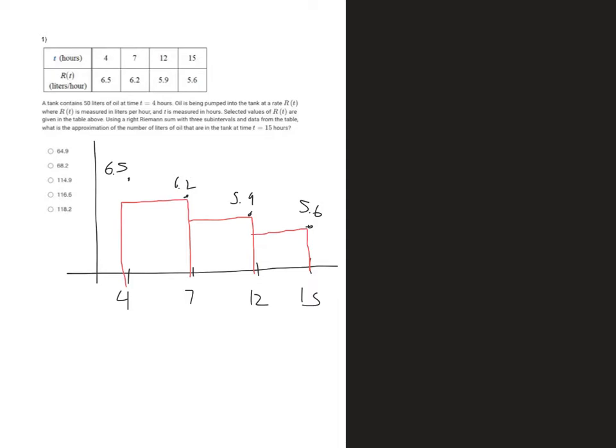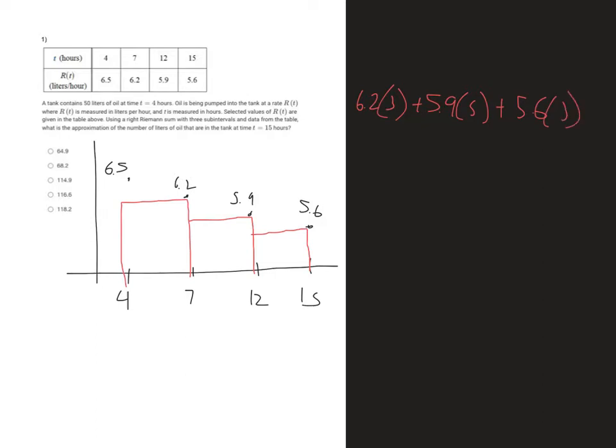So my first rectangle has a height of 6.2, the function value at the right endpoint, and a width of 3. My next rectangle has a height of 5.9, the function value at the right endpoint, and a width of 5. And my third rectangle has a height of 5.6 and a width of 3.